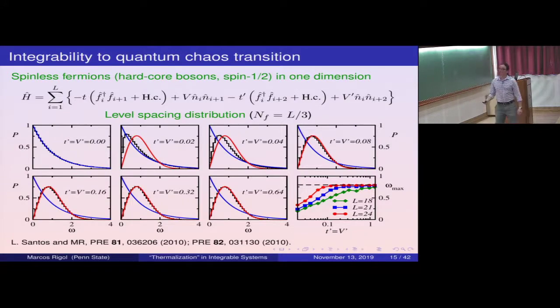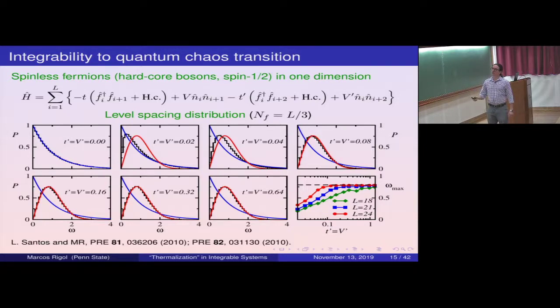For sufficiently large, perfect Wigner-Dyson distribution, and in between you have something intermediate. The important thing about that is that it's moving to smaller values of T prime and V prime as you increase the system size. So essentially in the thermodynamic limit, the expectation is that any non-zero T prime, V prime will give you the Wigner-Dyson distribution.